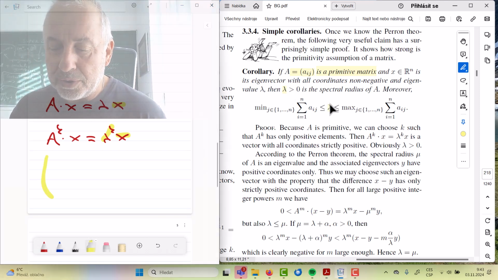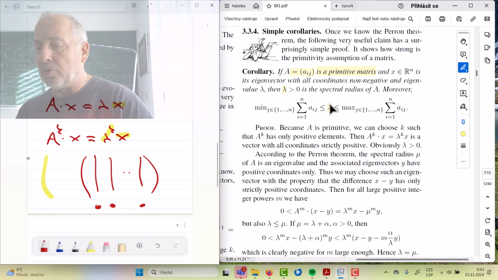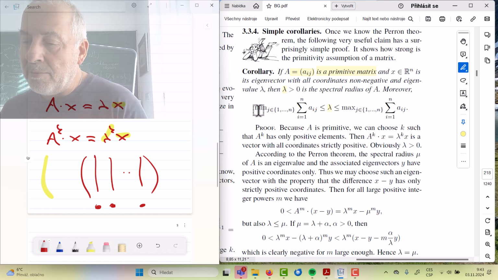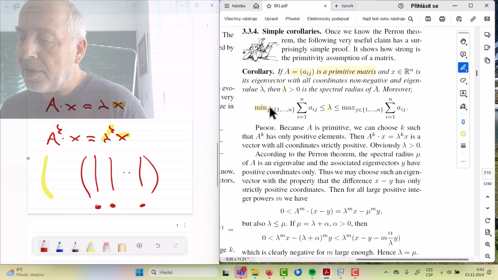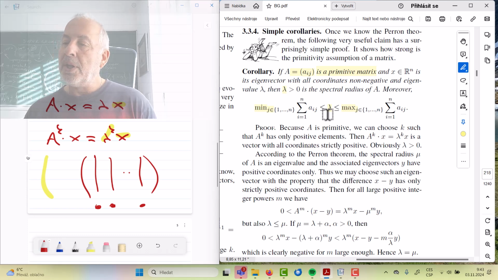So you simply can take the columns and sum them by columns, and the minimum of the sums and maximum of the sums form an interval where the lambda must sit. That's a very important and very useful theorem, right?